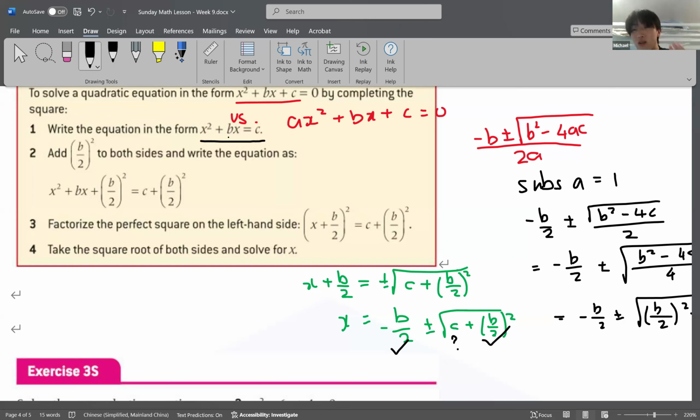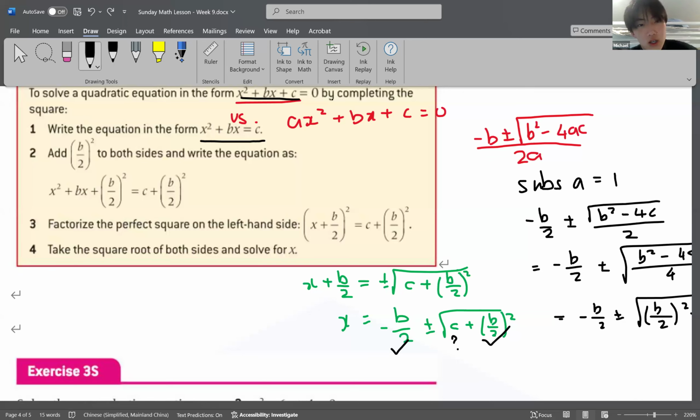That's why it's slightly different, because we started with positive c on the right. Does it make sense? So technically, if we start here, we should have minus c on the right, okay? That's why it's not the same. So they're two different things.